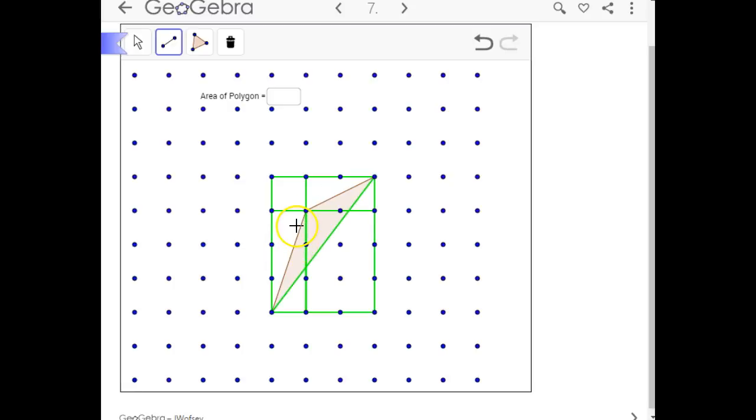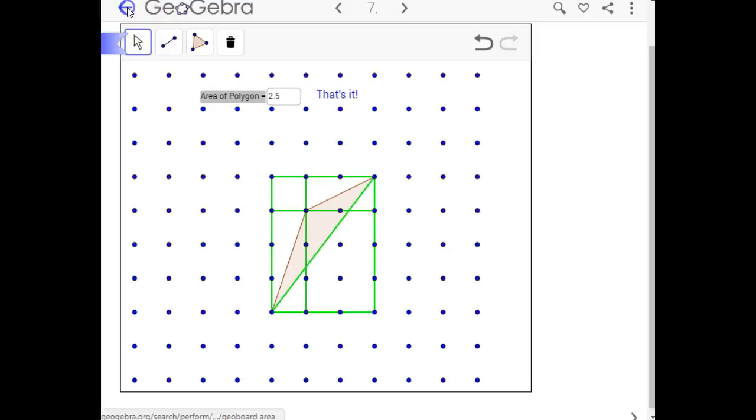And then down here, if I want to take away this triangle, I'm going to make a rectangle out of it, and that's 3, so that's taking away another 1.5. 6, 5, 4, 3, 2.5. So that's 1, 2, 3, 4, 5, 6. Okay, so 2.5. Let's try it. I got it, yay.